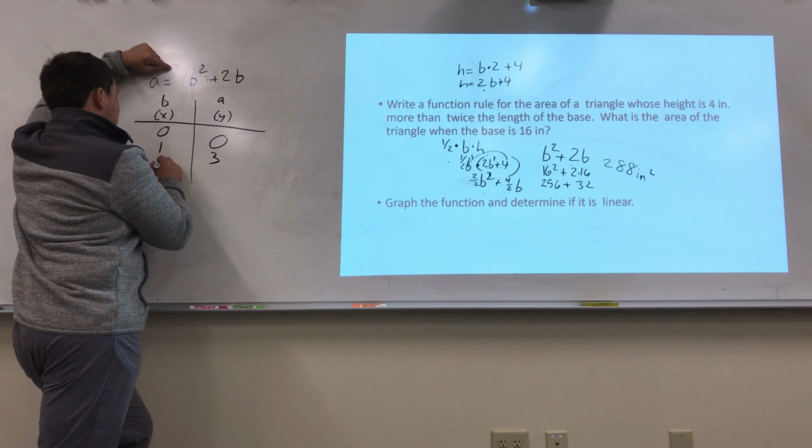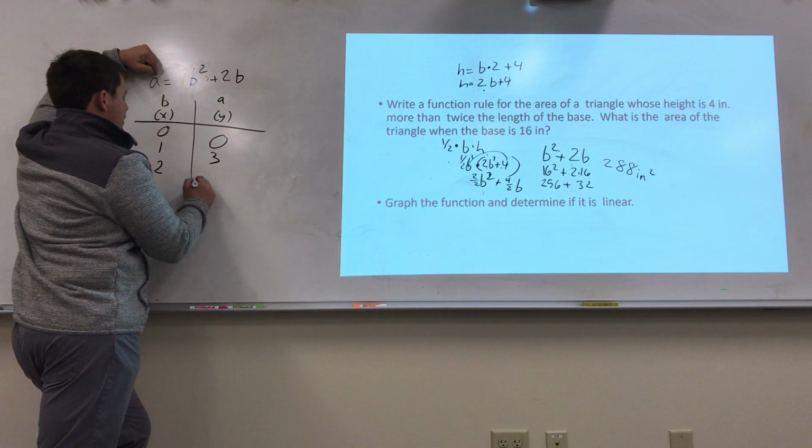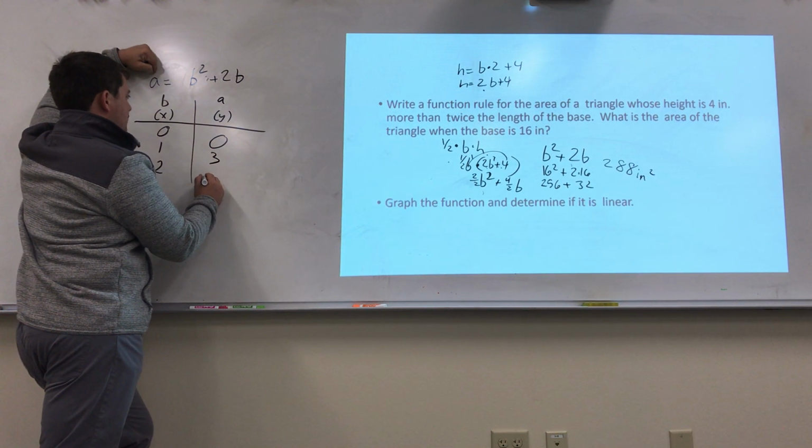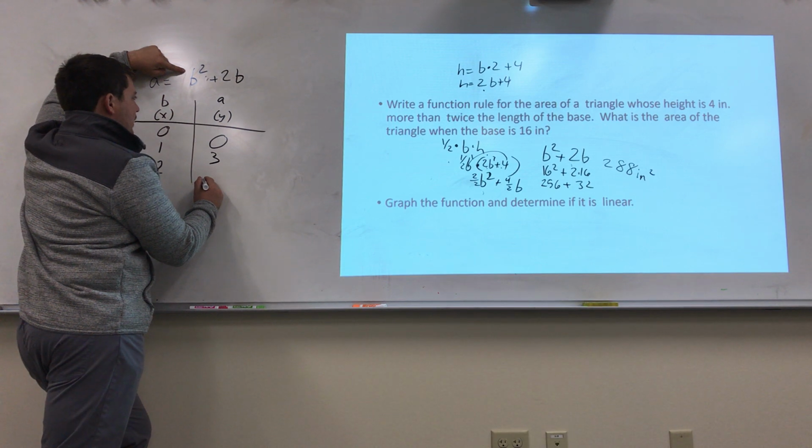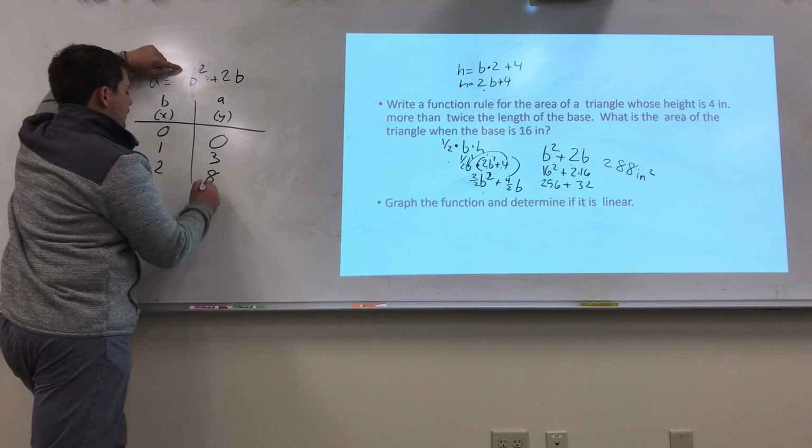Then I'm going to plug in 2. 2 squared is going to give me 4, plus 2 times 2, which is 4, so that should give me 8.